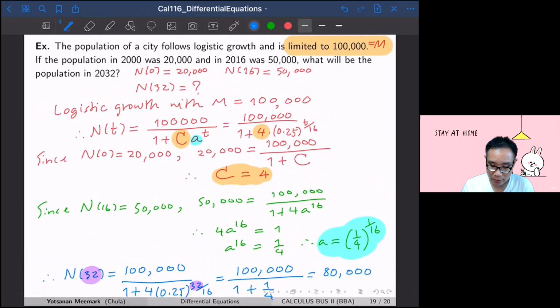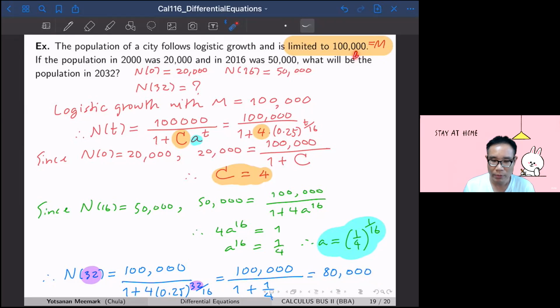So you see that the time is doubled. However, the population grows slowly, it's not going to double. In 16 years, the growth turned out to be 50,000, and you should expect it to be more than 80,000 since this one is 50,000.